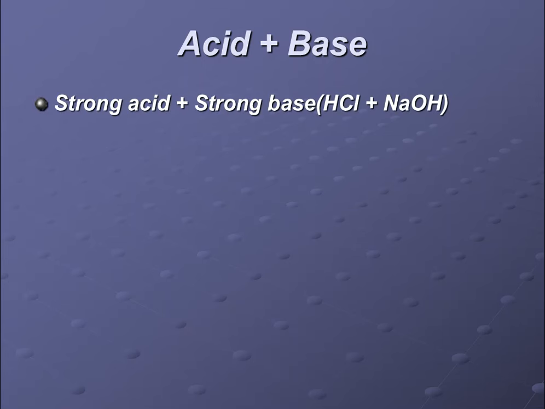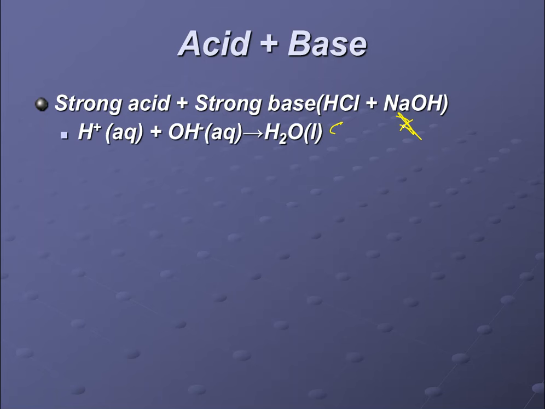We talked about strong acids and strong bases, and weak acids and weak bases. If you take a strong acid and react it with a strong base, here's our example. We've got HCl present here, and then we've got NaOH there. Those are the strong acid and our strong base. When they react, they're going to make water.